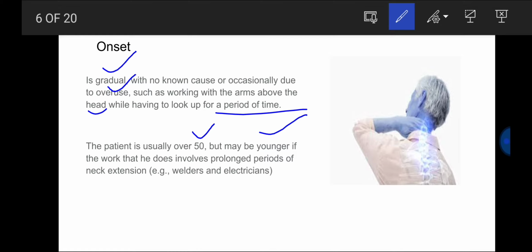One patient came with a history that suddenly in the morning he couldn't move the neck, he couldn't do flexion, he couldn't do rotational movements. So yes, younger patients are also affected, but it is more common around 50 years of age.